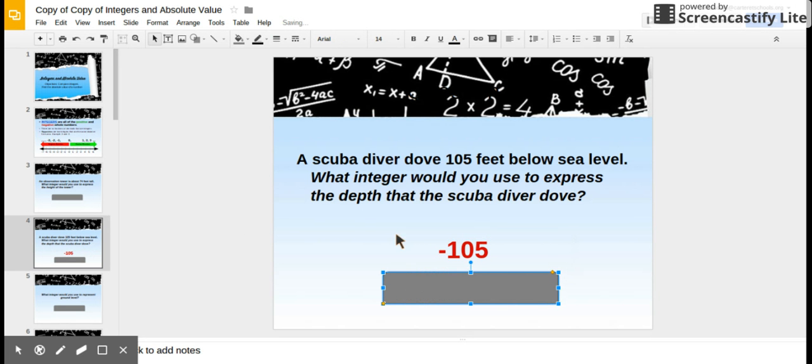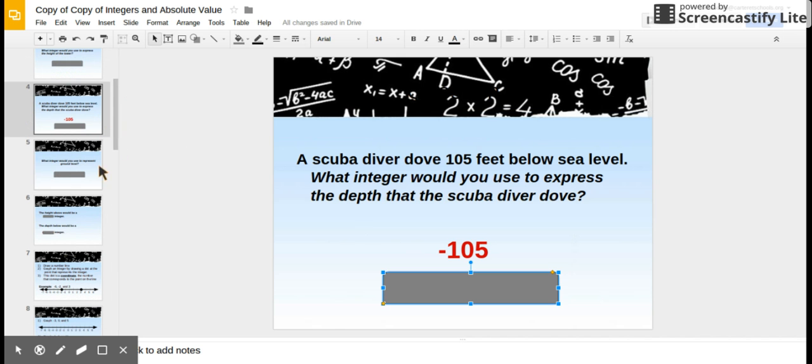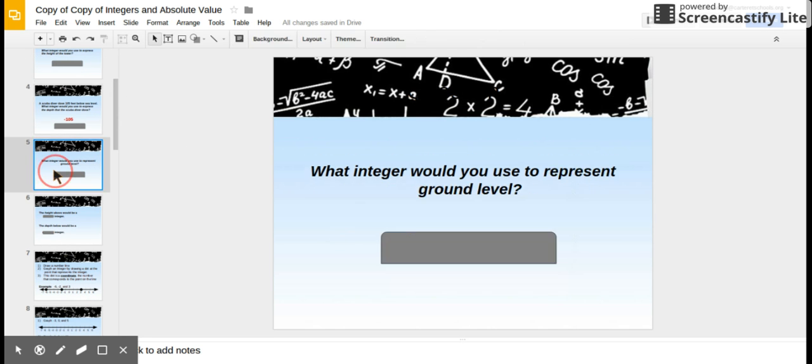So since it's below sea level and we're talking about depth, you have to put a negative in front of that. So it's a negative 105. Okay, so if we're talking about how tall something is or even above sea level, then we're talking about positive numbers. If we're talking about below sea level, then we're talking about negative numbers.